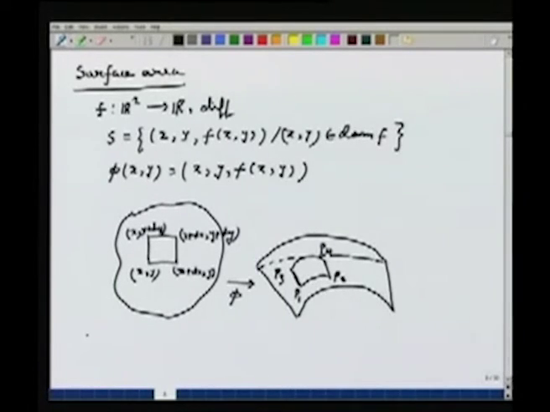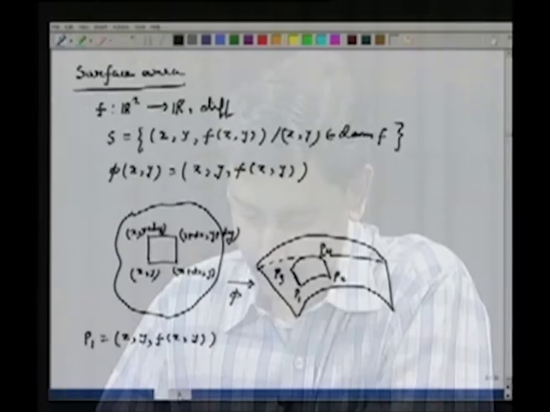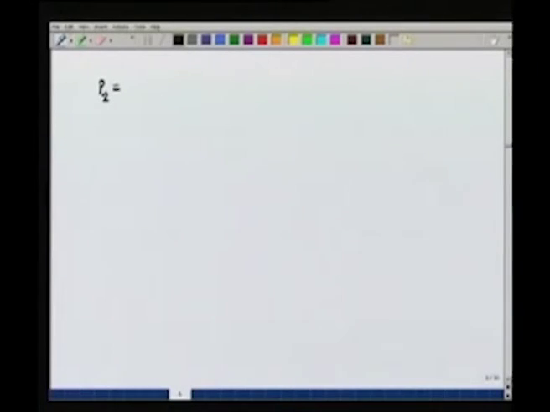So what is P1? P1 is nothing but (x, y, f(x,y)). Then what is P2? P2 is (x plus dx, y, f of (x plus dx, y)).